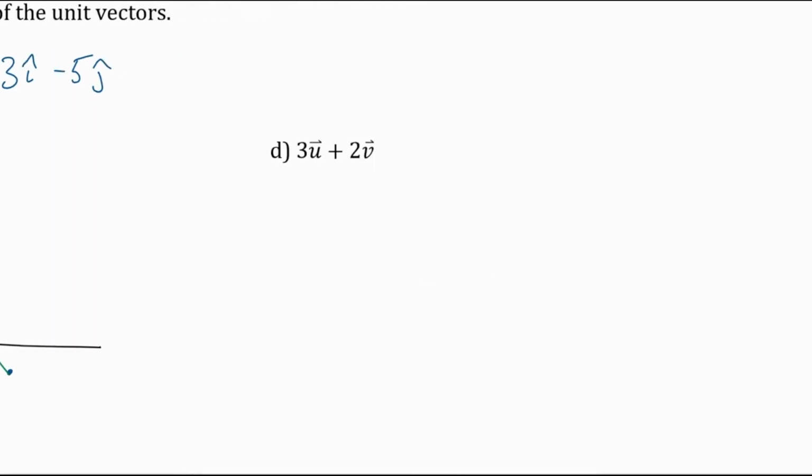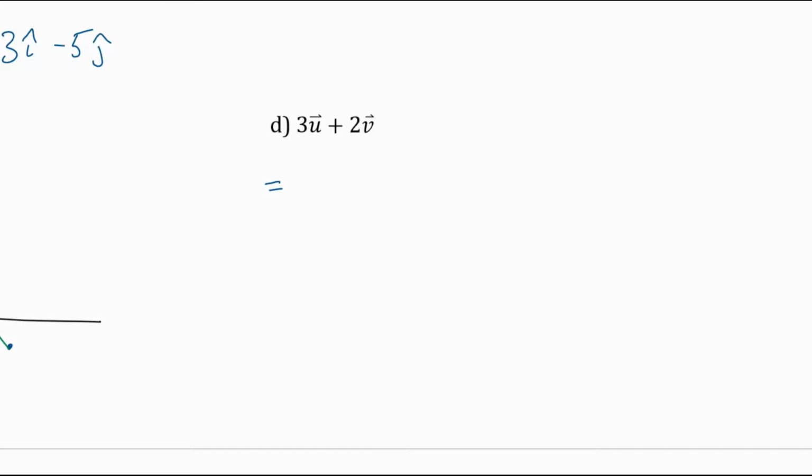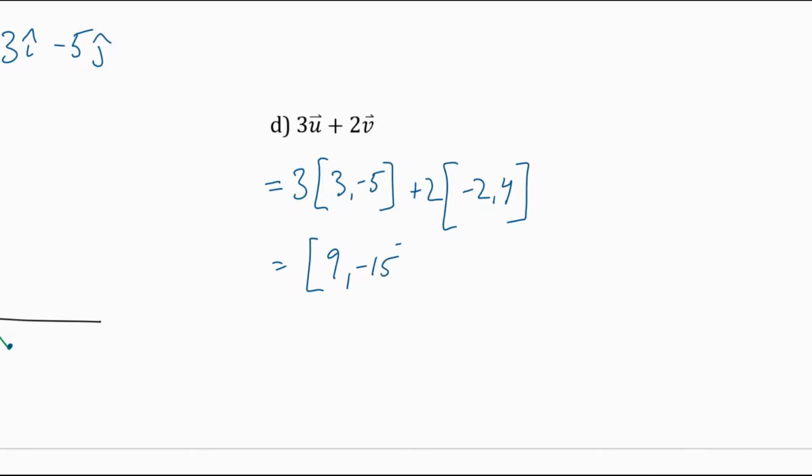3 times vector u plus 2 times vector v. Again, there's nothing fancy about this question. It's just getting used to the notation and the different operations that we can do, scalar multiplication and vector addition. So this is 3 times 3, negative 5, which is vector u, plus 2 times negative 2, 4, which is vector v, which is 9, negative 15, plus negative 4 and 8.